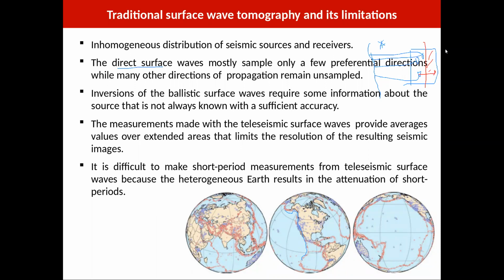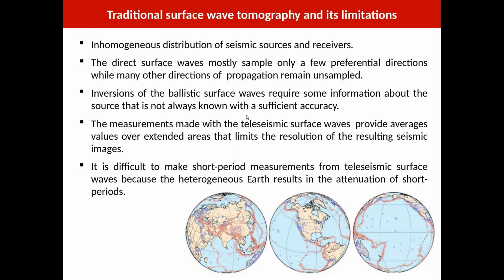What you need is another source in this area so you can constrain it. But sometimes this is not the case, so you only have sources in this area of your study region, and there is nothing you can do. So this is a limitation, and inversion requires some information about the source.